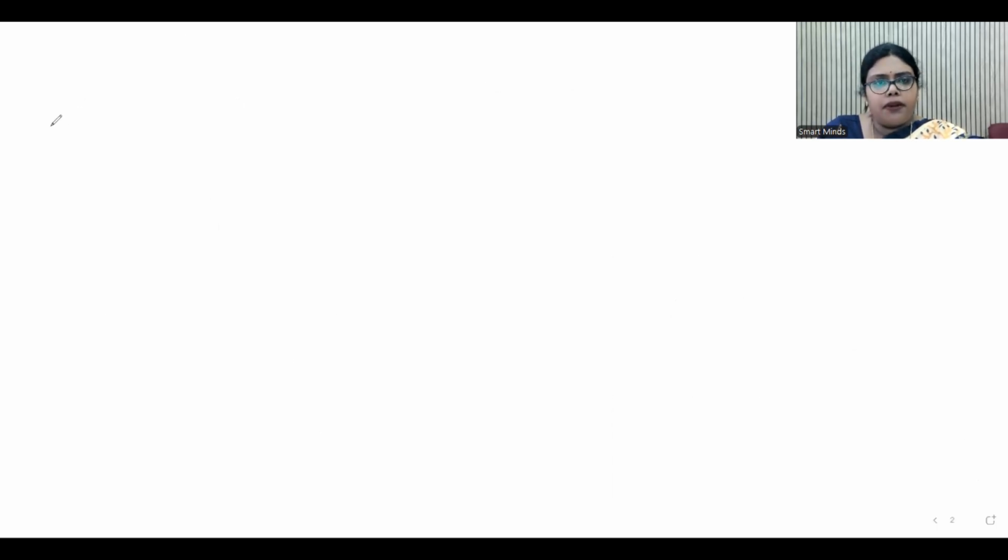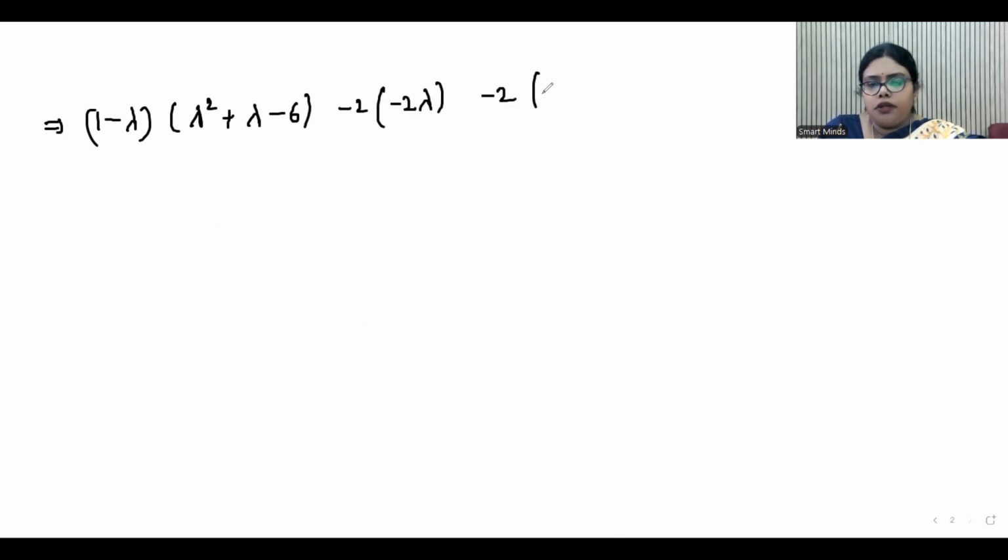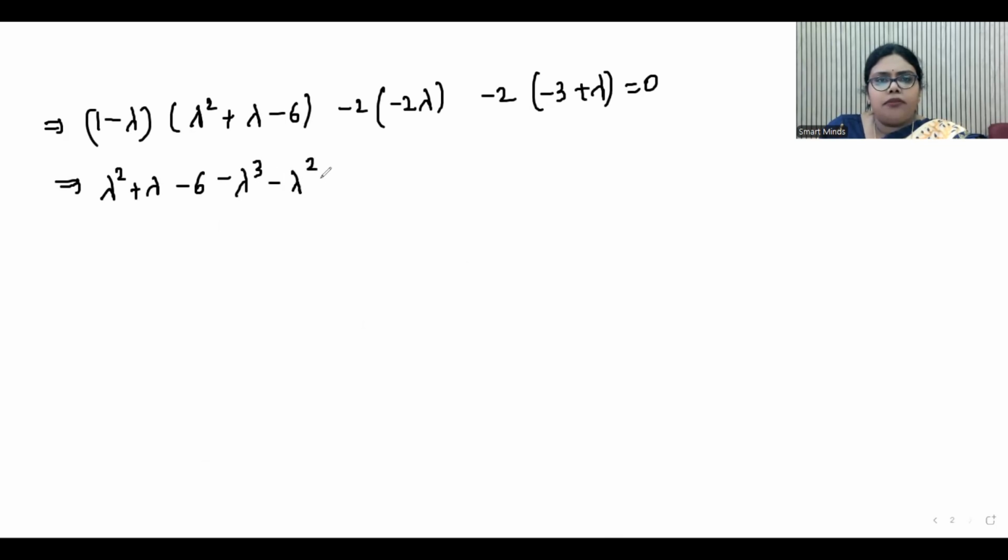So if you open the brackets, what will you get? (1 minus lambda) into (lambda square plus lambda minus 6), minus 2 into (-2 lambda), minus 2 into (-3 plus lambda) is equal to 0. If you open the brackets, what do you get? Lambda square plus lambda minus 6 minus lambda cube minus lambda square plus 6 lambda plus 4 lambda plus 6 minus 2 lambda is equal to 0.